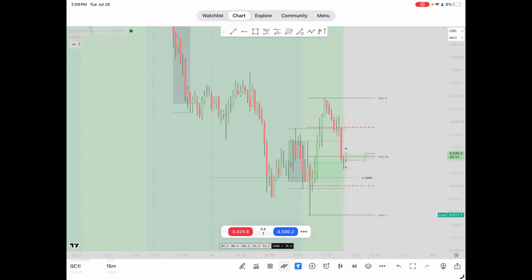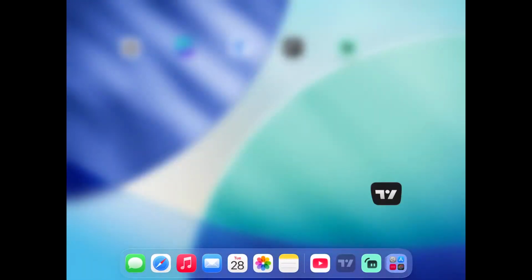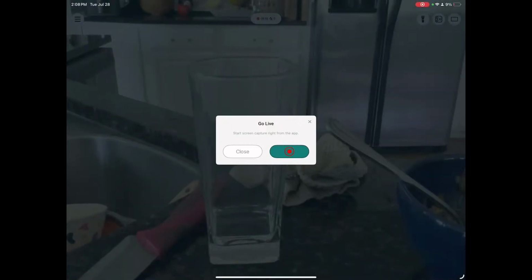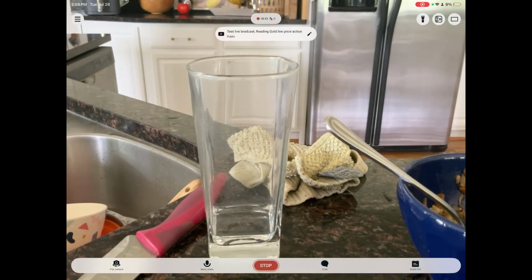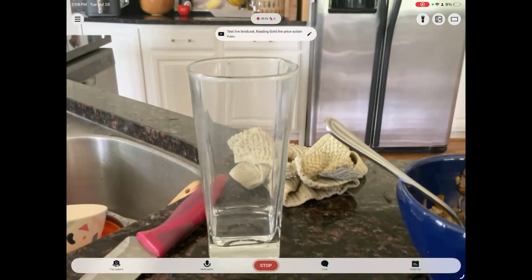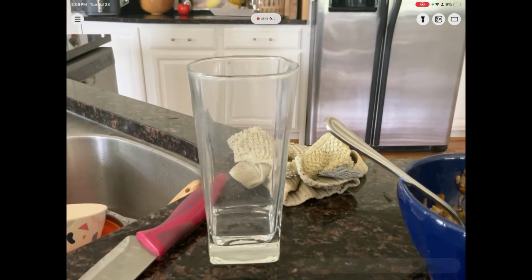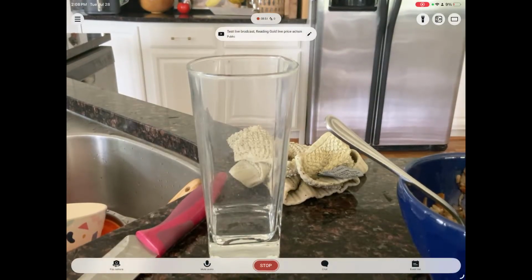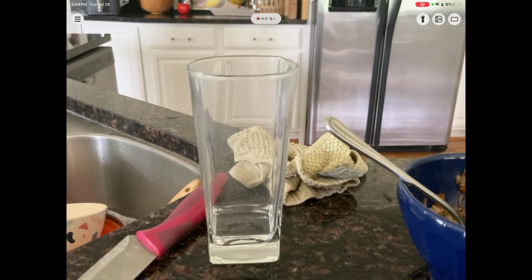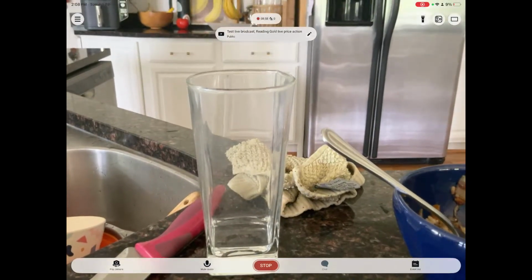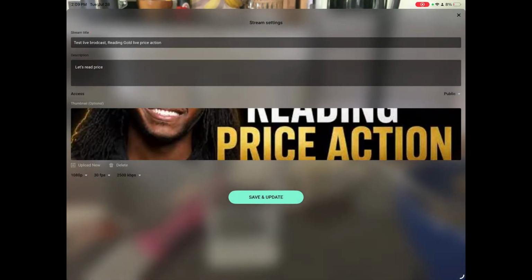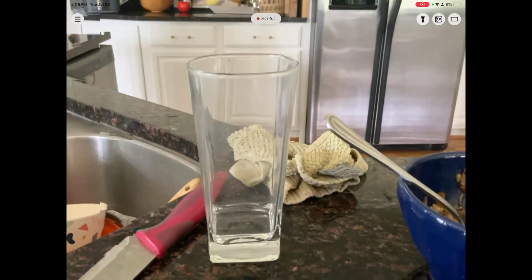If anyone knows how to see the chat, let me see. I know you're gonna be able to see my screen here. Let's close this here. I don't even know if I'm able to see the chat here. I have no idea how to work this. Don't want to see that.